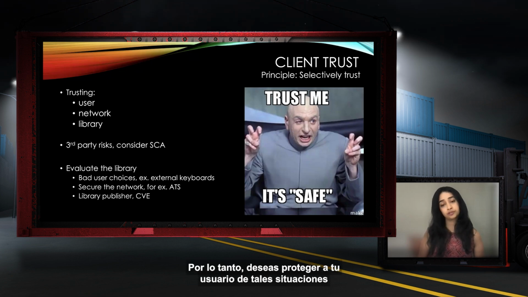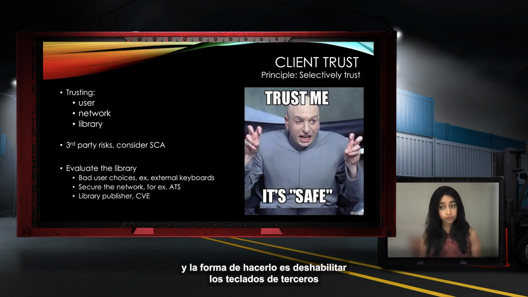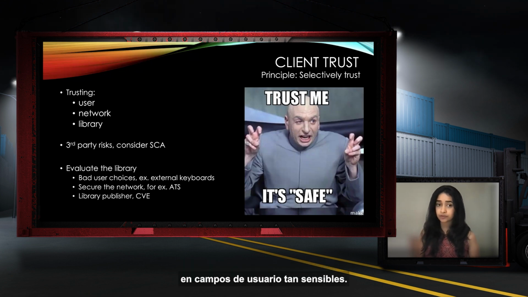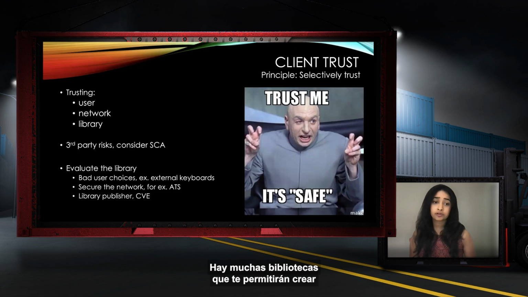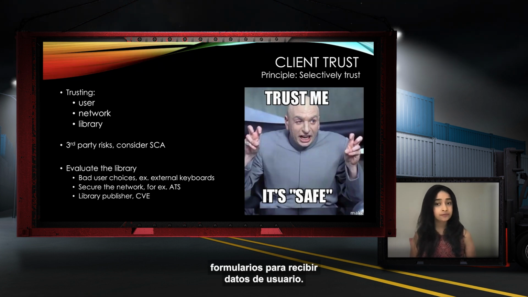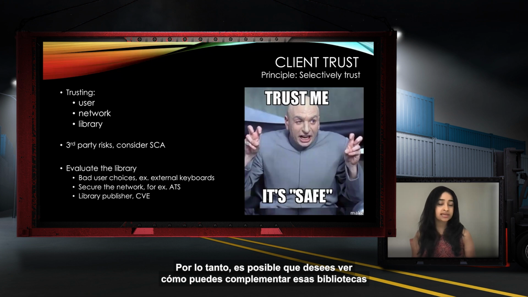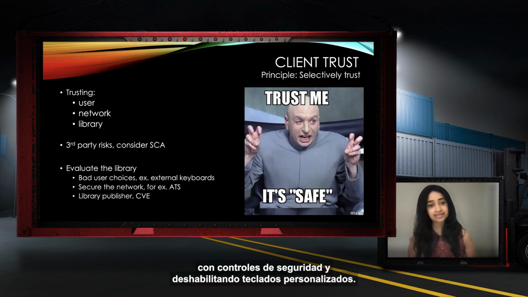So you want to protect your user from such situations, and how you can do that is disable third-party keyboards on such sensitive user fields. There are a lot of libraries that will allow you to create forms to receive user data. So you may want to see how you can complement those libraries with security controls like disabling custom keyboards.